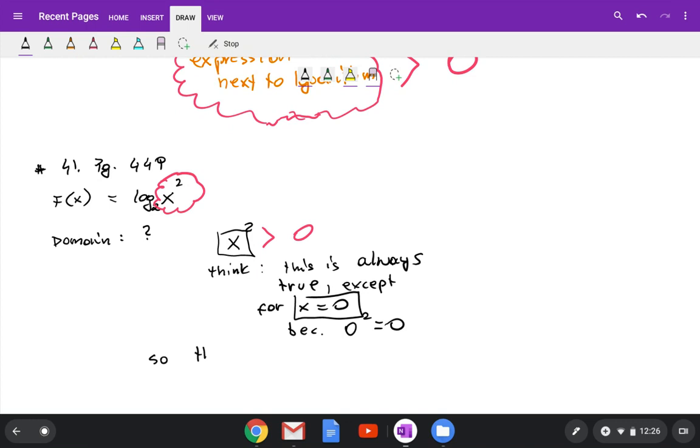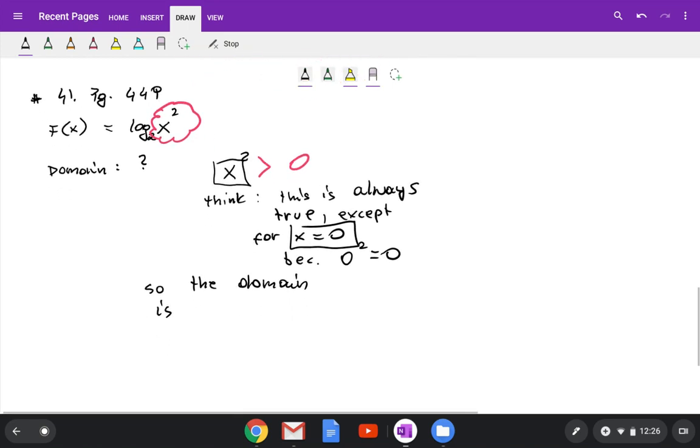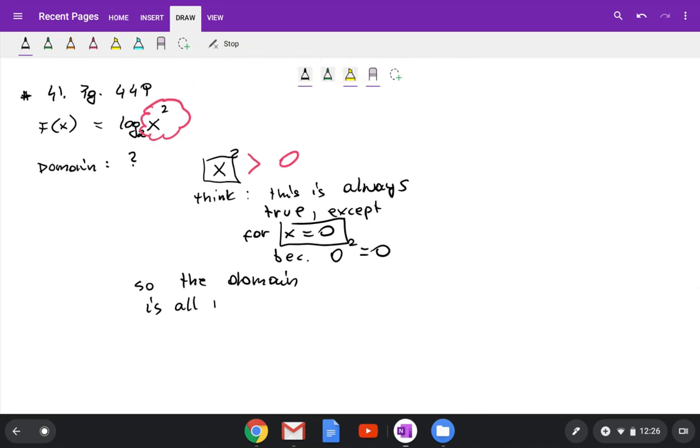So the domain is all real numbers. All real numbers satisfy this inequality that x to a second power is positive, except x equals 0.